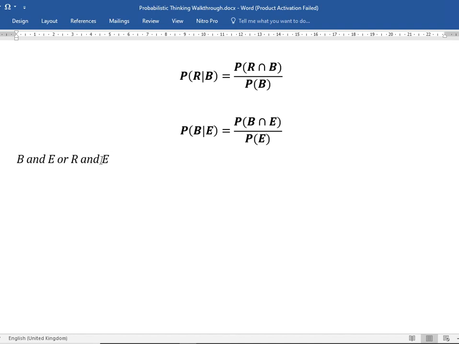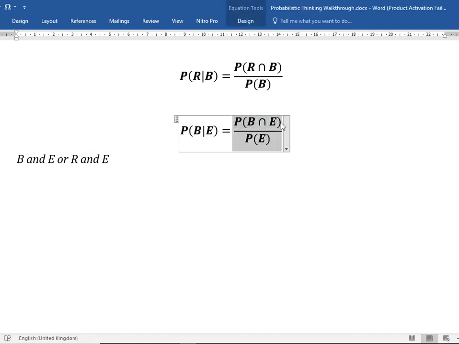B and E, or R and E. What does this mean? Very quickly, what is B and E? I think it's probability of B intersection E. Yes. Let's do it one at a time, so that we are not ahead of ourselves.